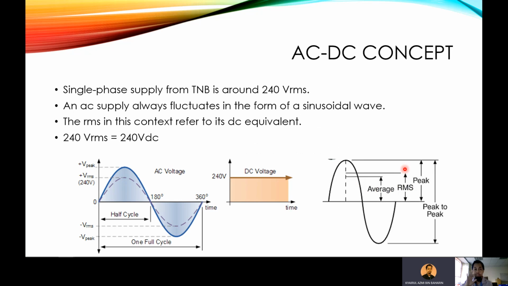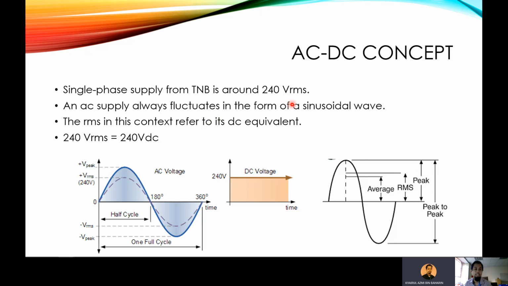I will show this to you with a schematic representation after this. All right. Before we proceed towards understanding the principle of AC voltmeters, we need to first make sure we understand AC and DC supply properly. So let's take an example of a typical single phase supply, the supply that you use from your power socket. From TNB, the single phase supply is 240 volts.